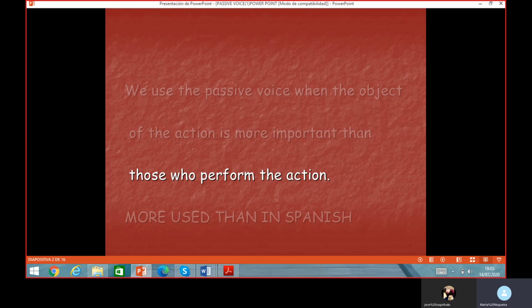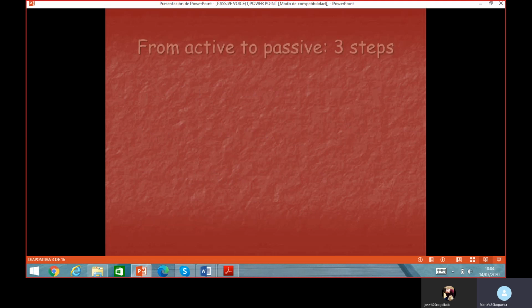You want to place emphasis on the object rather than on the person. And it is more used than in Spanish. Sometimes when we speak in Spanish, we normally don't use the passive as much as we do in English. So in English it is something which is very common.